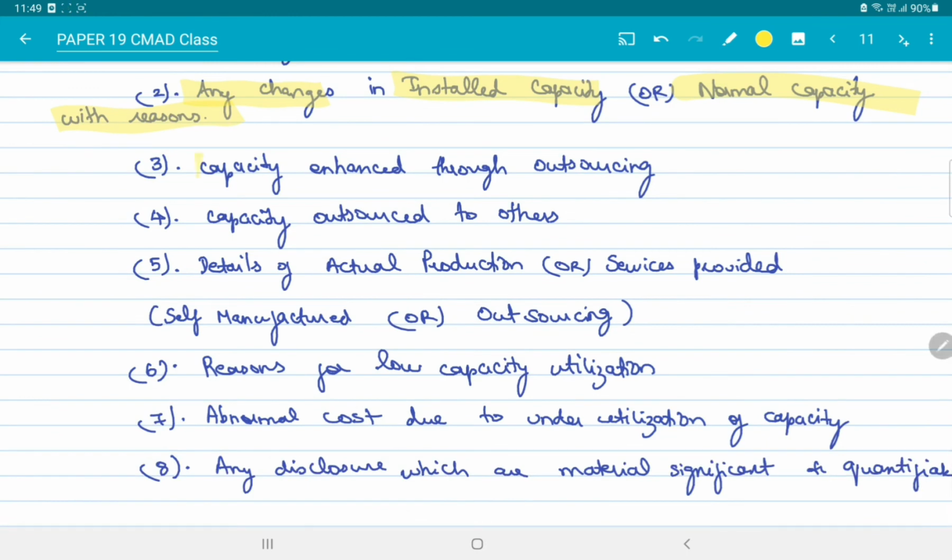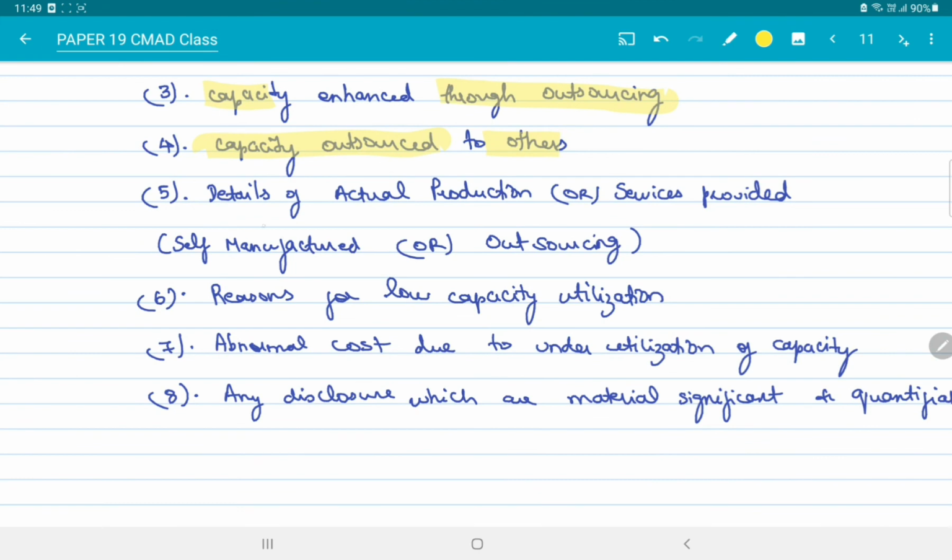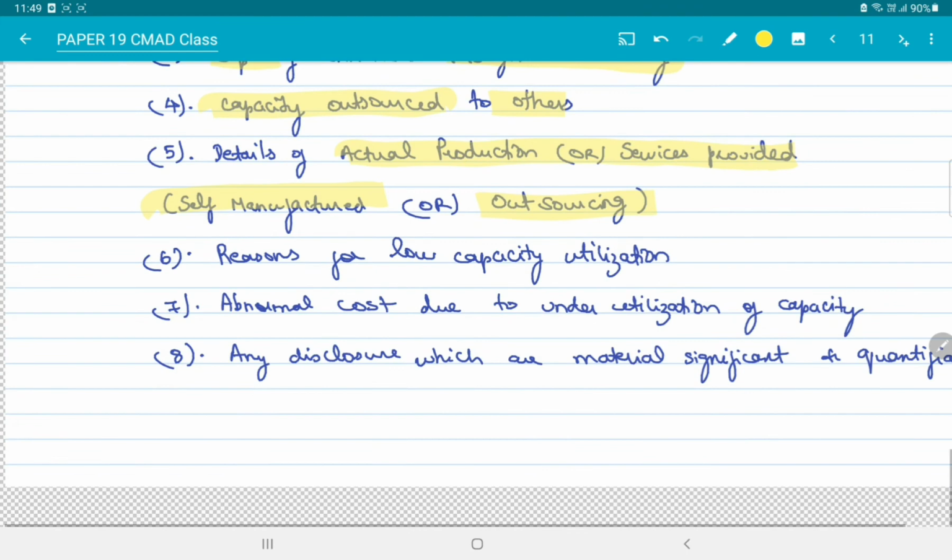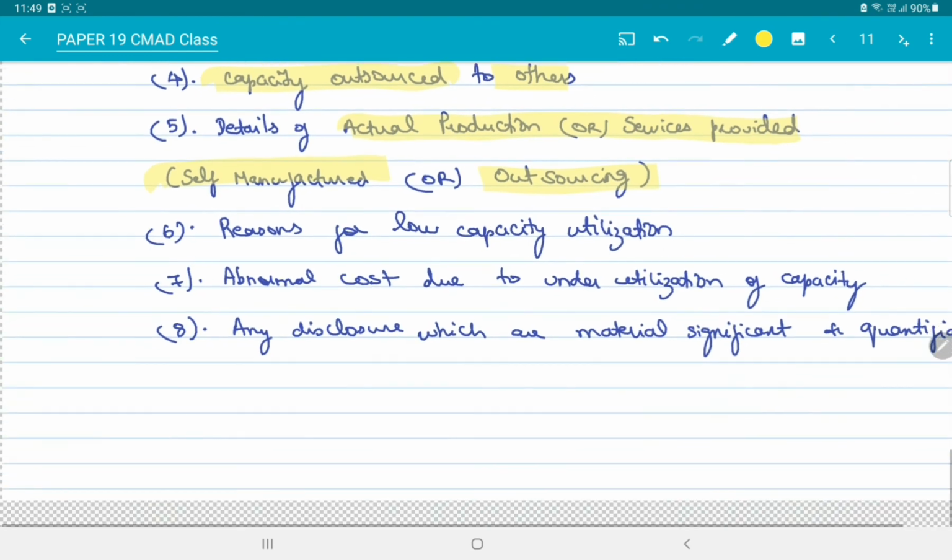If any capacity is enhanced through outsourcing, capacity utilized by outsourcing or capacity outsourced to others, both should be disclosed. The details of actual production or services provided should be disclosed, whether self-manufactured or outsourced.